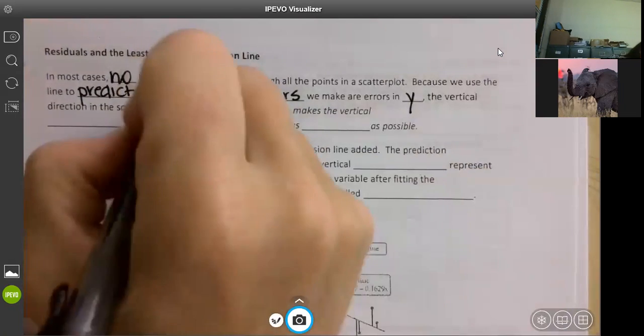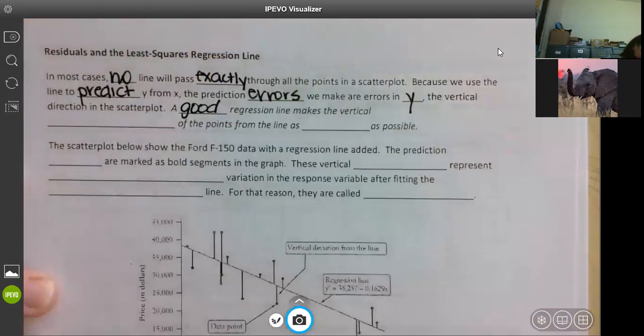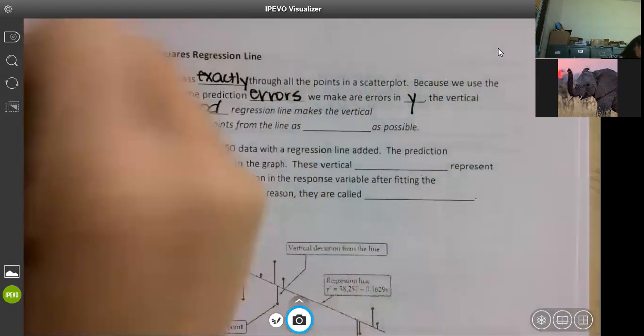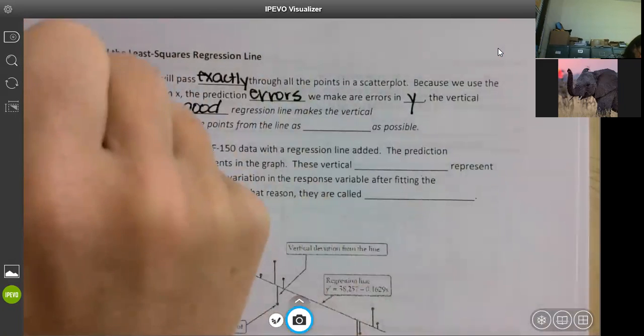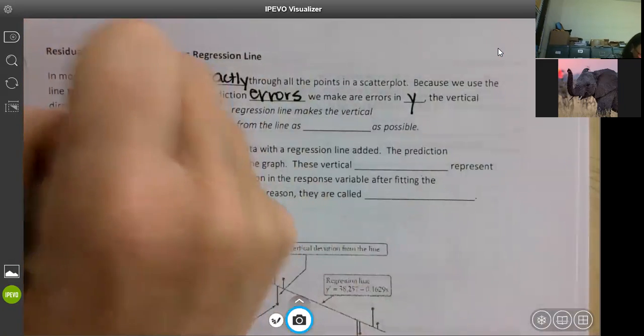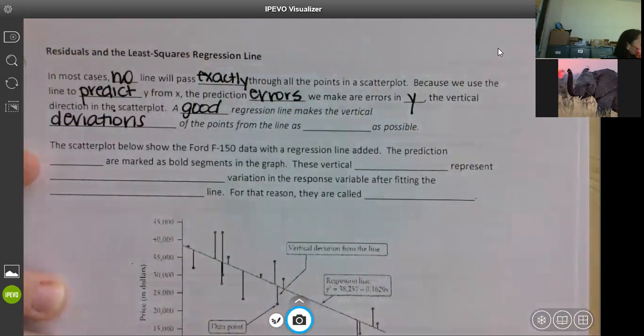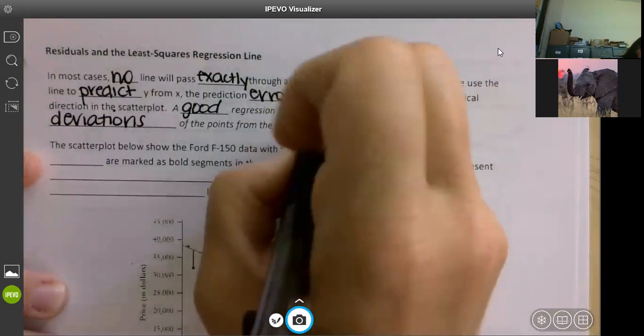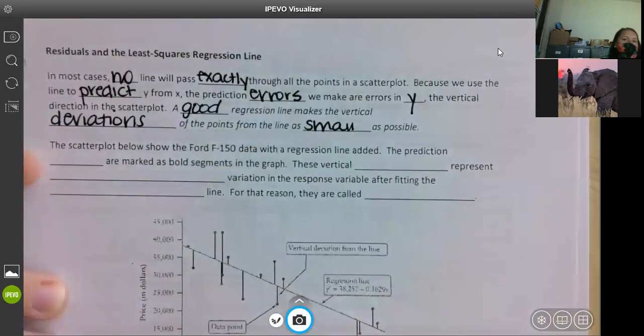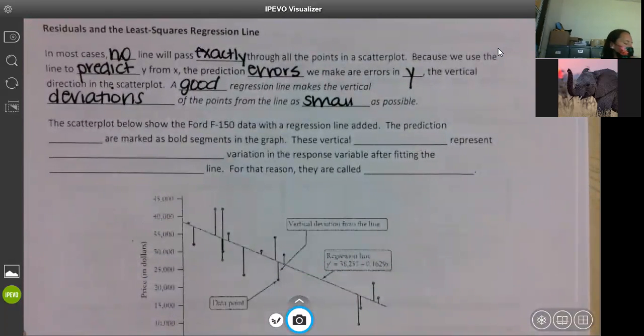A good regression makes the vertical deviations of the points from the line as small as possible. I'm going to show you in just a minute, so hang on.